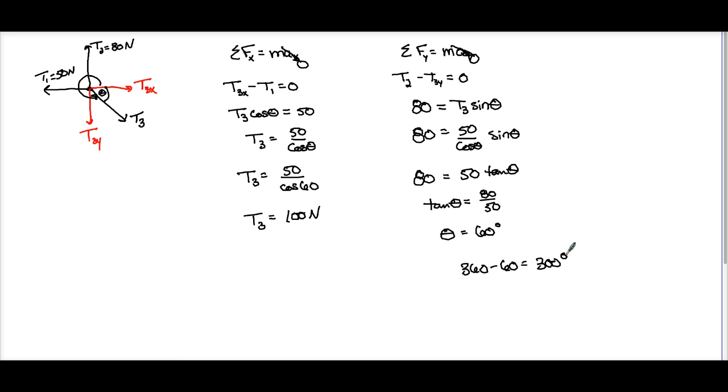If we had left it at 60 degrees, we would have gotten a positive y component, and clearly that can't happen in this situation. So to wrap it up, we get T3, the vector now, because we have a magnitude and a direction, is going to be equal to 100 newtons at 300 degrees.